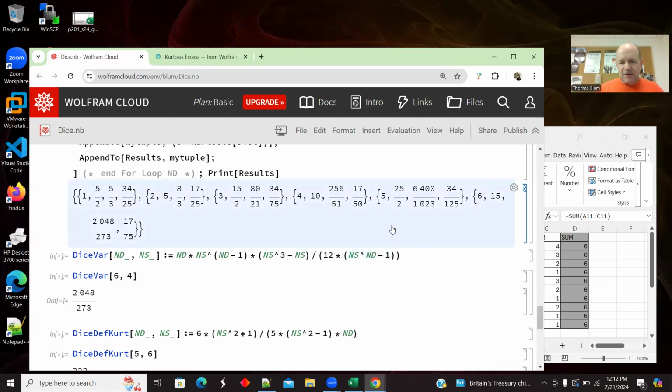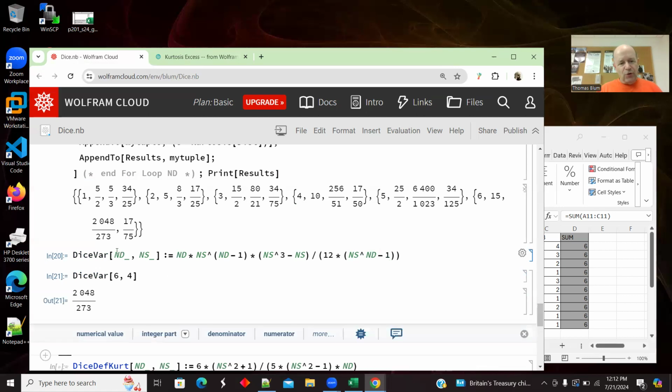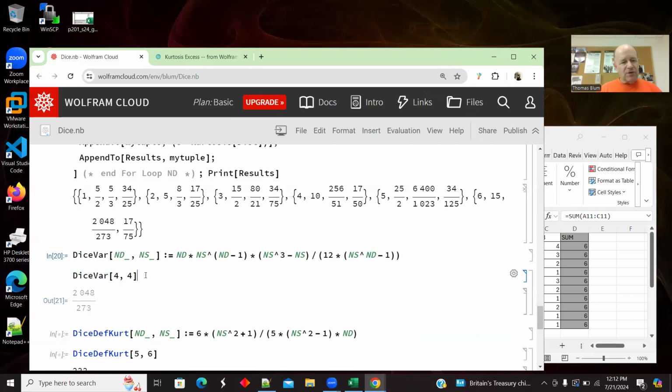And so here, let me enter that function. And then here was, for 6 four-sided dice, there is the 204 on K. And let's try 4 four-sided dice.